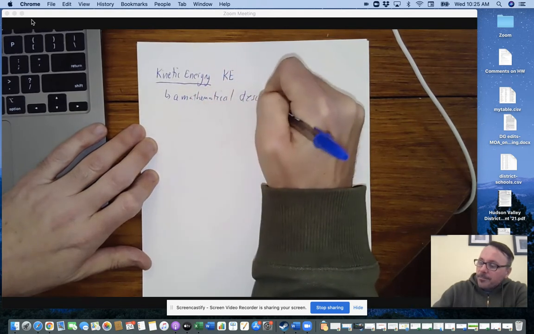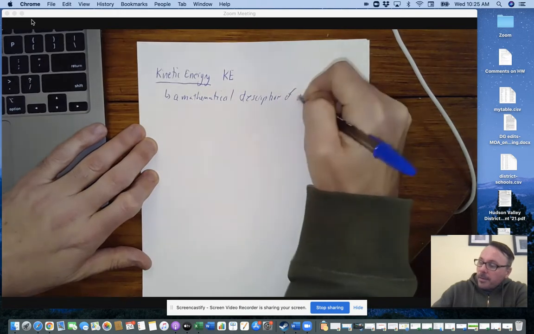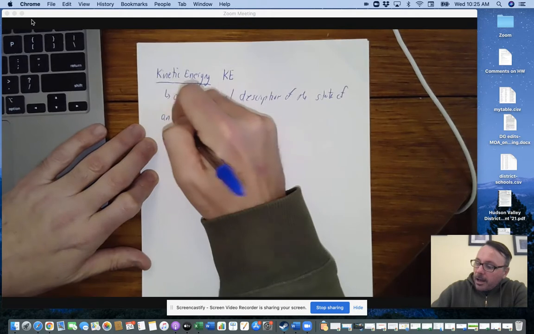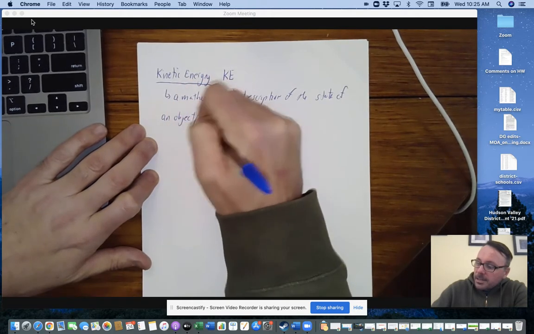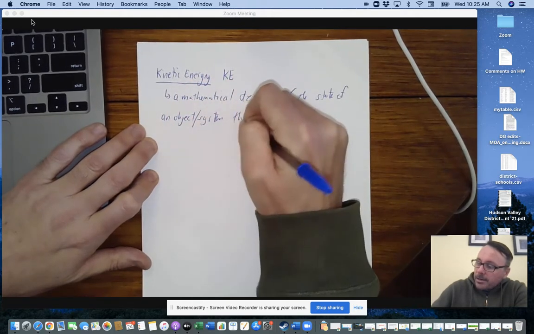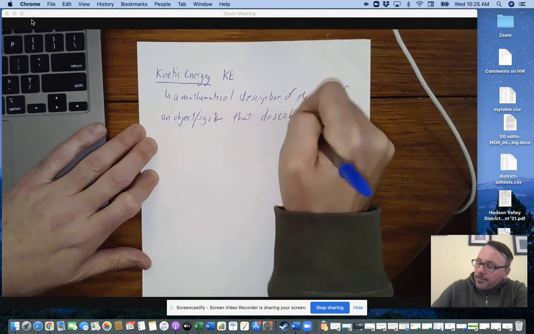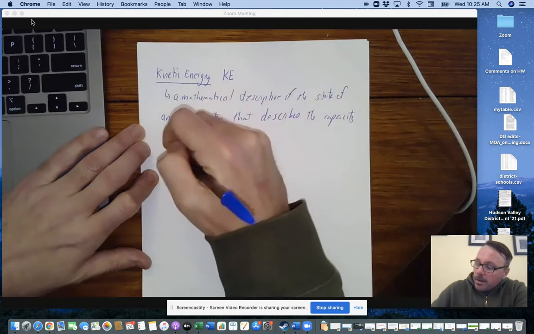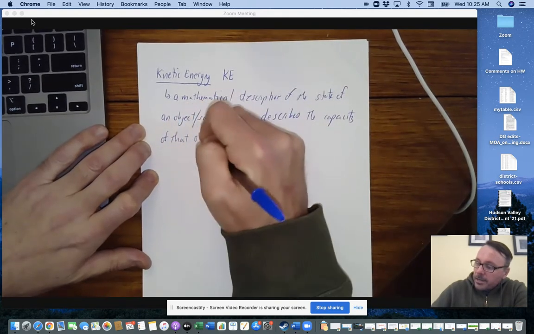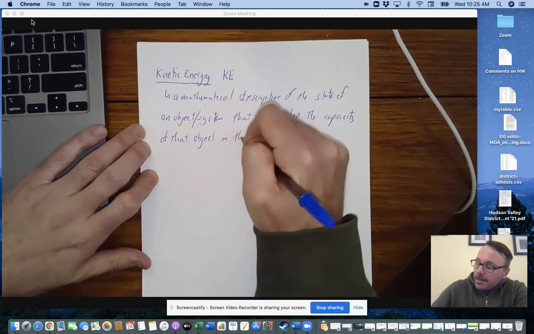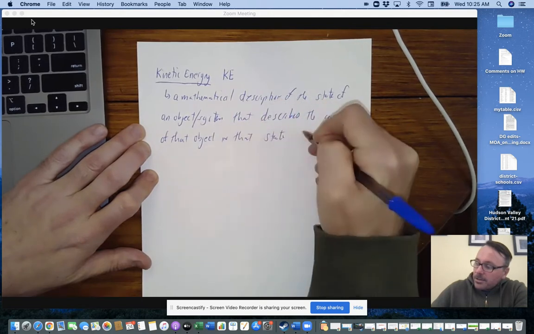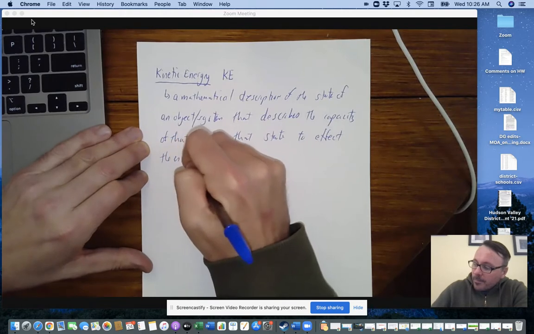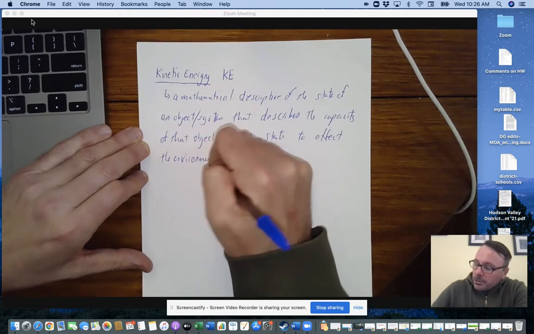description of the state of an object or system that describes the capacity of that object in that state to affect the environment due to its motion.